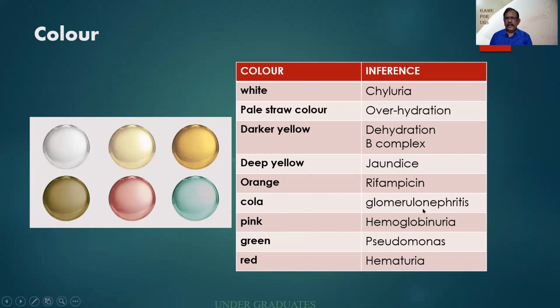Cola colored in glomerular nephritis. This will be a classical history. Post-streptococcal glomerular nephritis, the patient passed a cola colored urine. Pink colored is hemoglobinuria. Hemoglobinuria is different from hematuria. We shall be seeing it. Green colored, again it is infection, but it is due to Pseudomonas. And red colored, it can be hematuria. So these color changes, I would like you people to learn by heart. I had given a specific list for undergraduates.